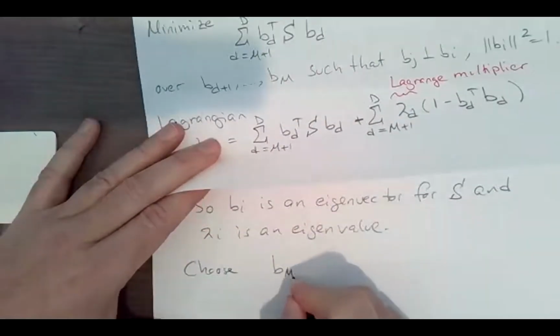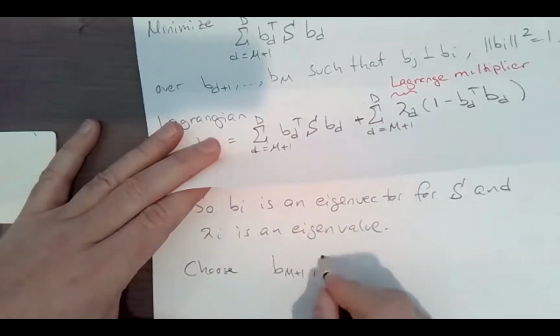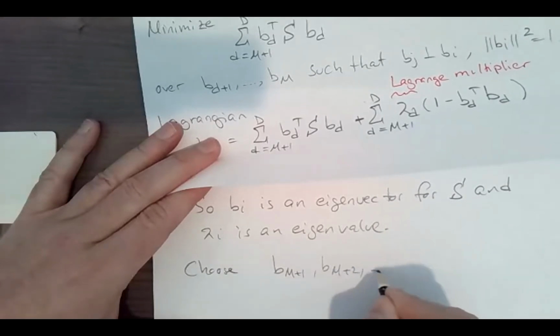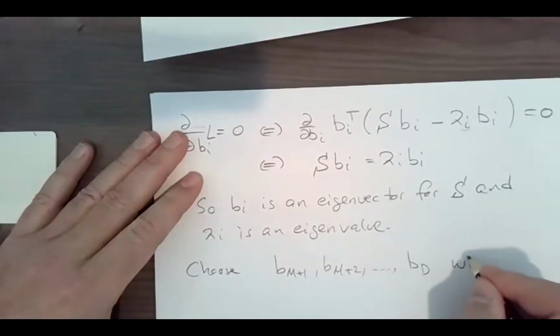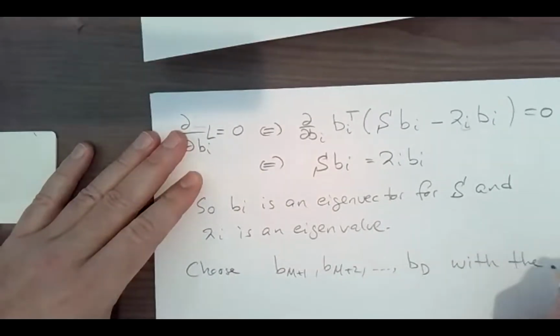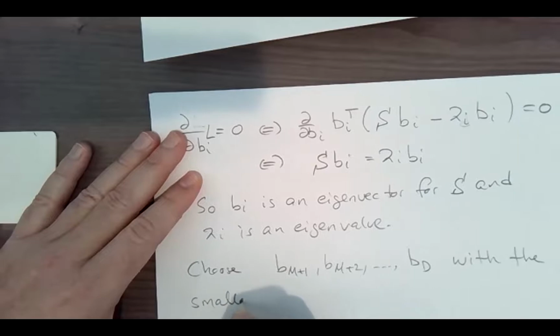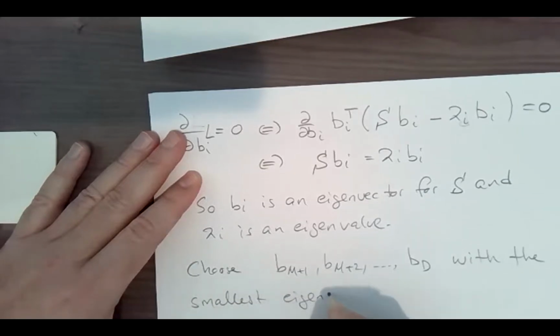What you started at M plus 1, M plus 2, all the way up to the last one, with the smallest eigenvalues.